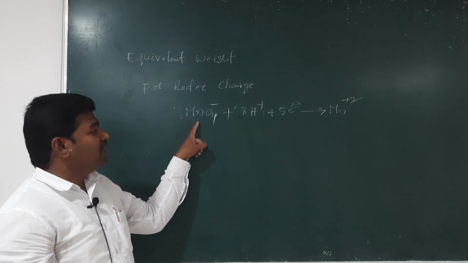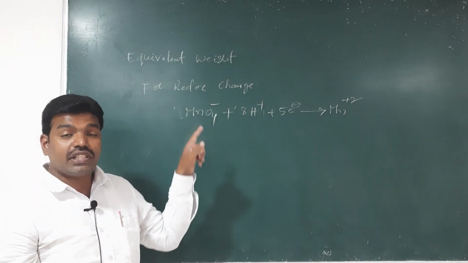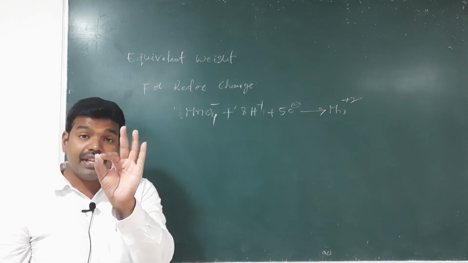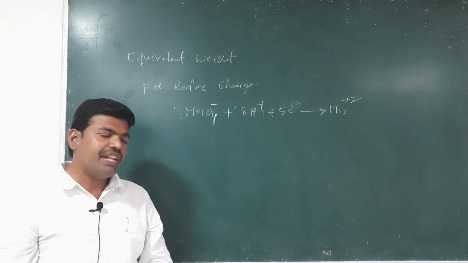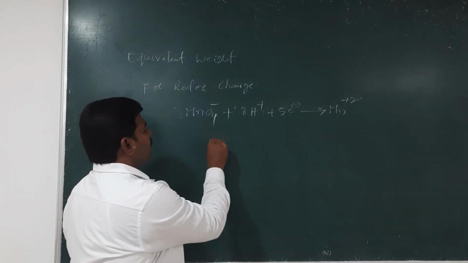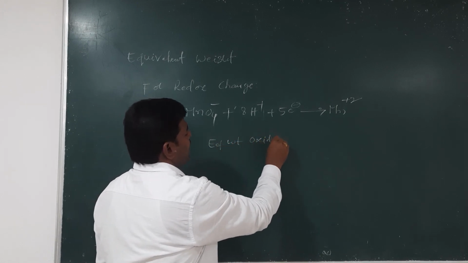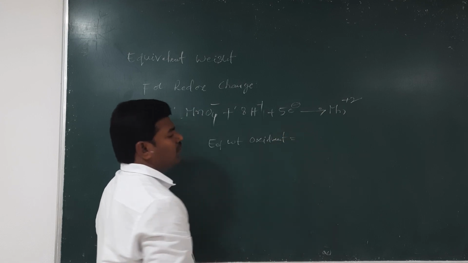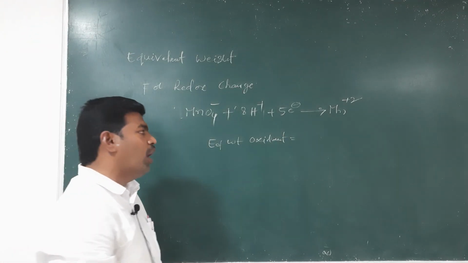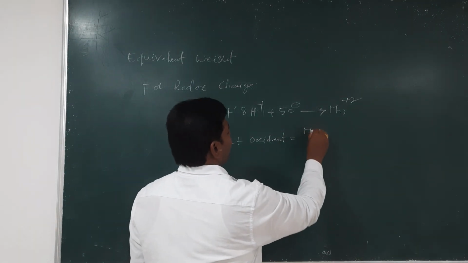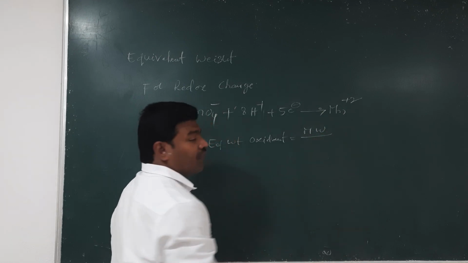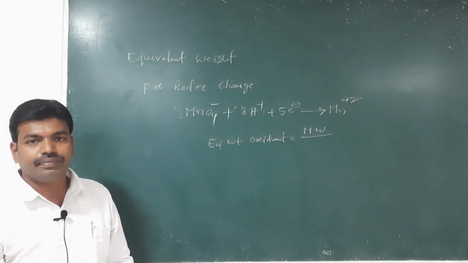How can we calculate the equivalent weight of an oxidizing agent? It is very simple. Equivalent weight of oxidant is equal to molecular weight by the number of electrons transferred.